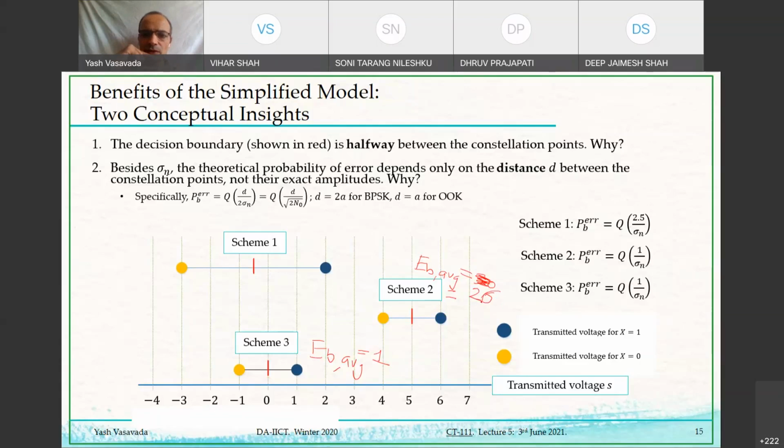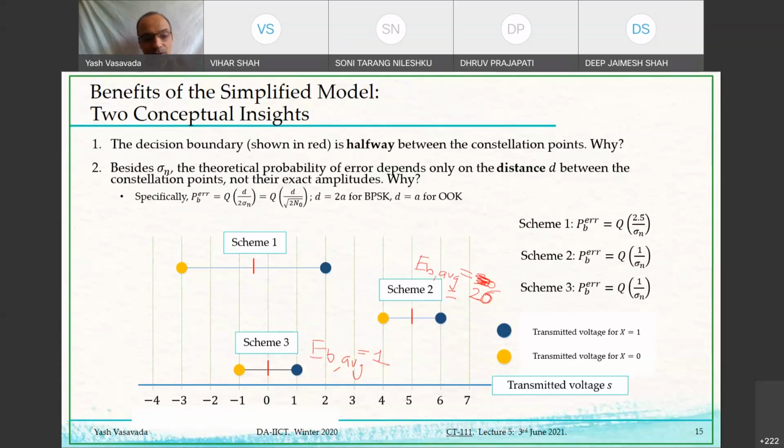Now, if you are the designer, remember this energy per bit is a concrete concept. If you are talking on your phone for 1 hour or 2 hours, maybe you keep on talking longer and longer, and your phone battery will drain out.